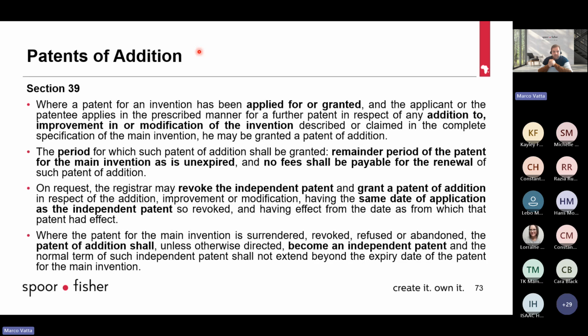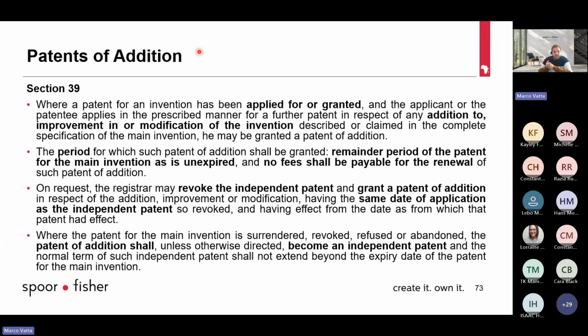However, on request, the registrar may revoke the main patent and grant then the patent of addition in respect of those improvements, and it will then be provided with the same date of application as the independent patent, as I mentioned earlier.